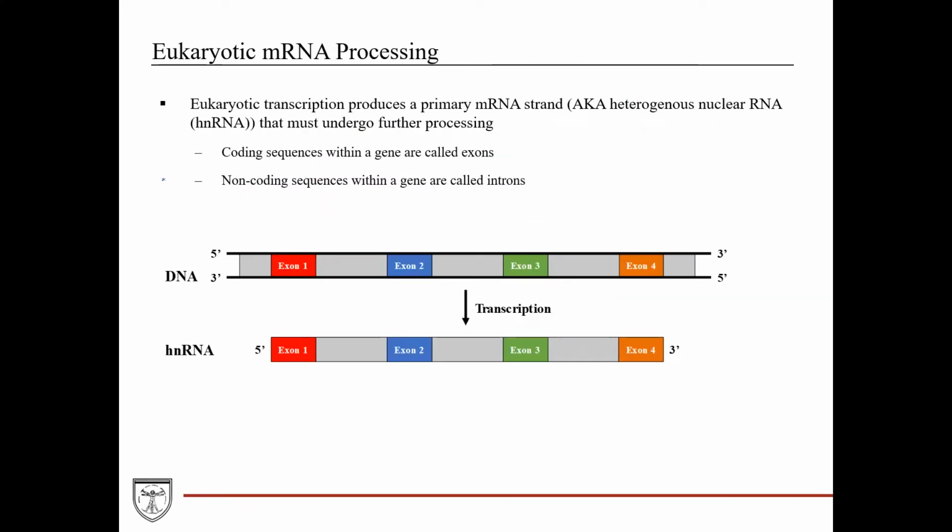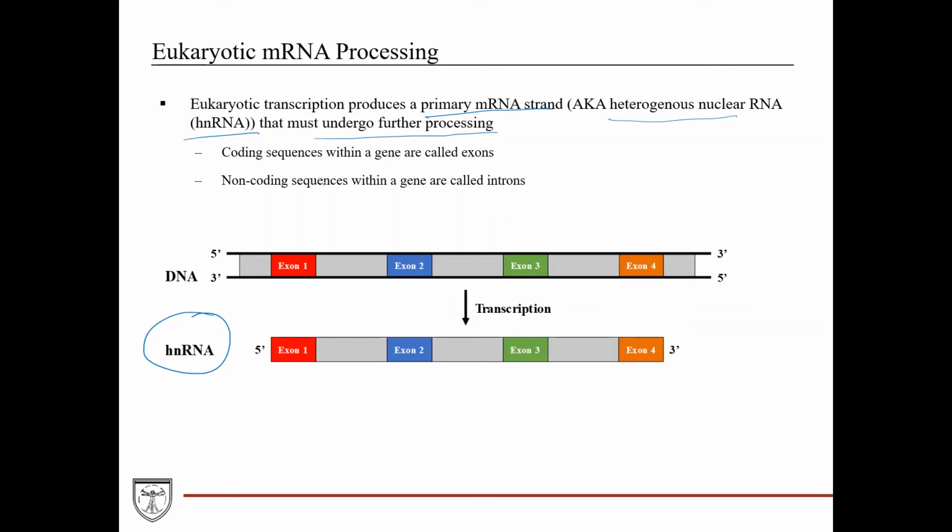All right, so you remember we talked about a key distinction between eukaryotic mRNA and prokaryotic mRNA. Prokaryotic mRNA that's produced from transcription is ready to go. It leaves the nucleus and undergoes translation. However, eukaryotic transcription produces a primary mRNA, also known as heterogeneous nuclear RNA or hnRNA, that must undergo further processing in the nucleus.